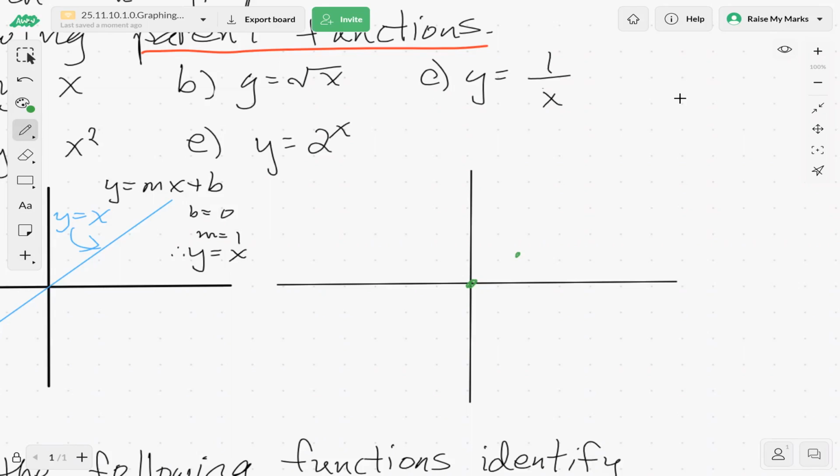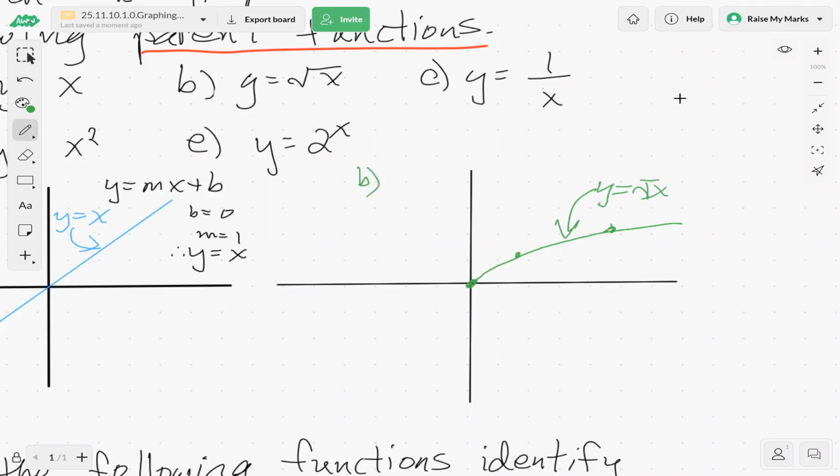When x equals 9, y equals 3. It kind of looks like that. And that's our parent function for any square root function that we might have. Y equals square root of x.